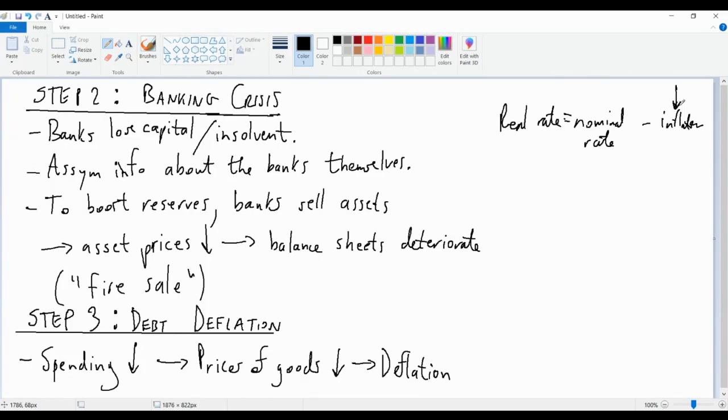When inflation drops, in this case it's even deflation, and you borrowed at some rate, that means that the real interest rate that you're paying back will have increased. In other words, this deflation makes the real rates paid by borrowers on outstanding debt go up.